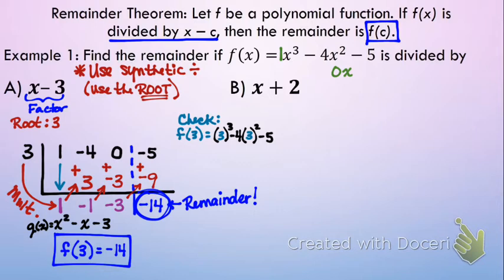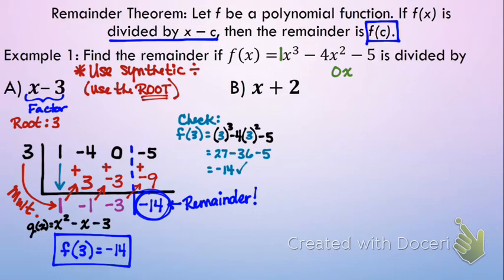What is 3 cubed? 27. Minus 4 times 3 squared. 3 squared is 9. So minus 36 minus 5. What is 27 minus 36? -9. -9 minus 5. -14.